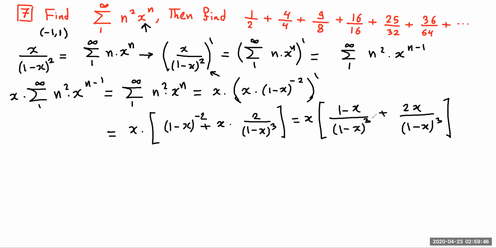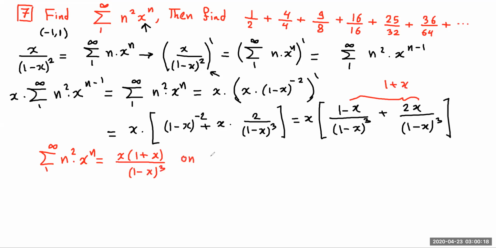The last step is the addition of these two terms. The final answer: sigma n power 2 x power n from 1 to infinity equals x times (1 plus x) over (1 minus x) power 3.